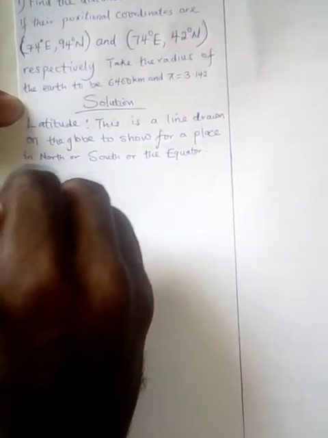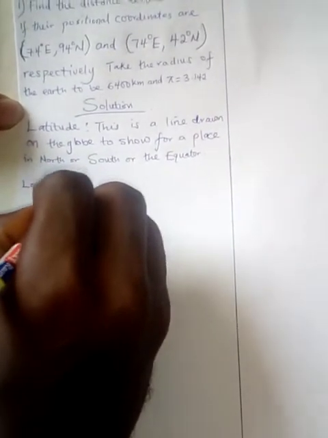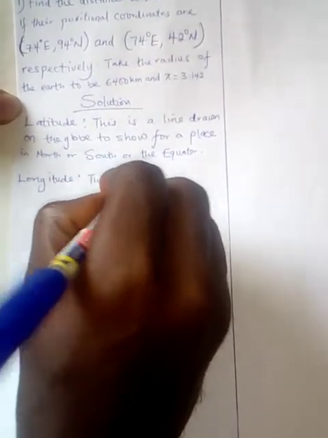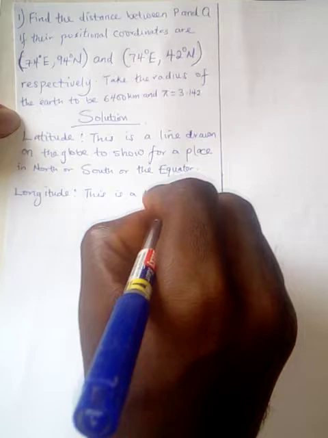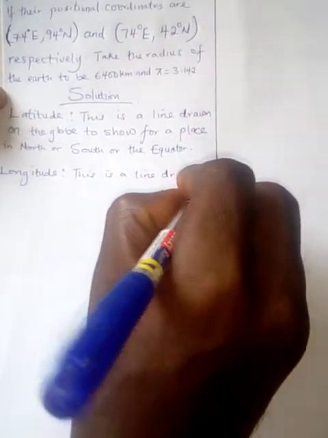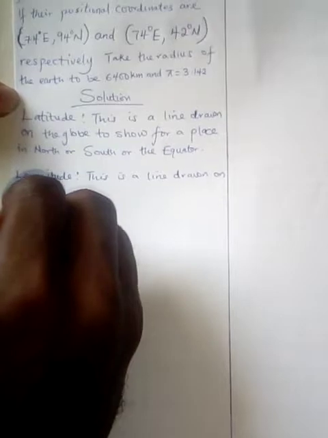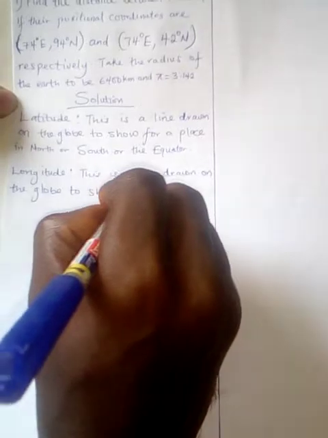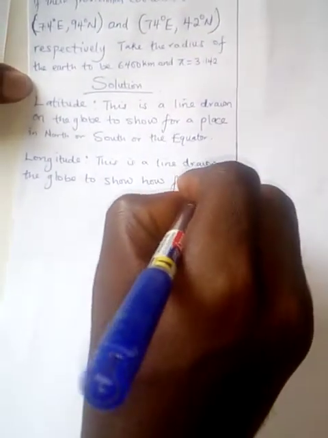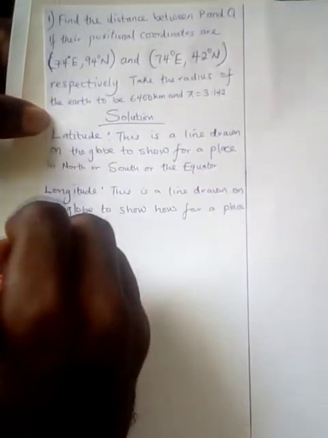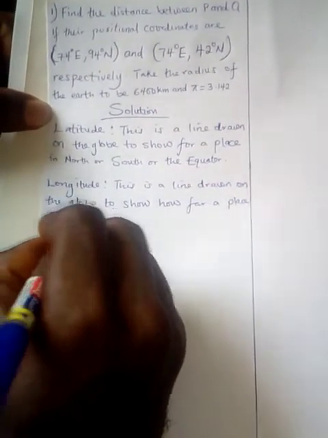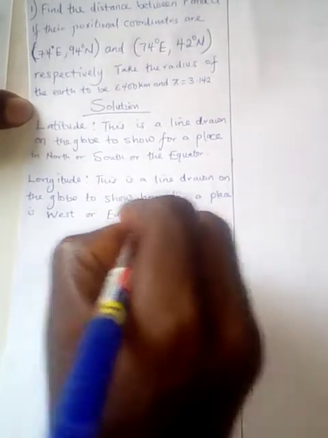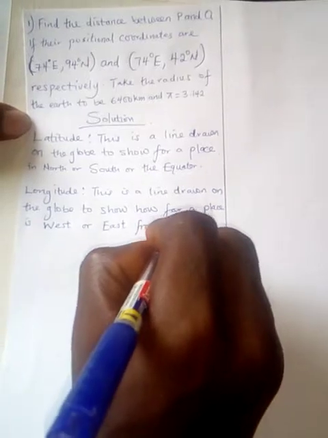Then longitude. This is a line drawn on the globe to show how far a place is west or east from the Greenwich meridian.